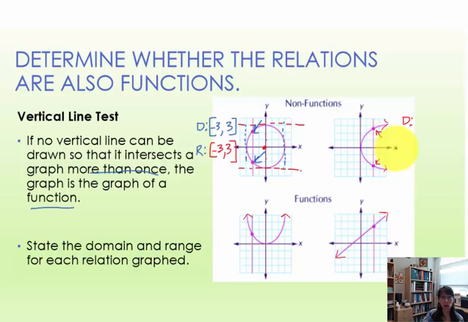So domain deals with x values. I can see that this parabola does not go on the negative side of x. Its smallest value of x is right here at the origin, so it would be equal to 0. And as we head to the right-hand side, where x values are positive numbers, notice that there are arrows.